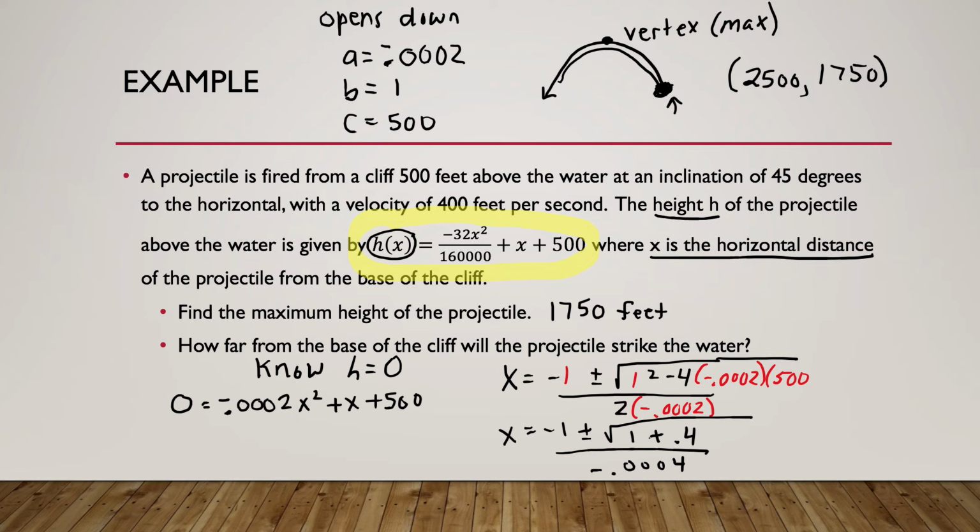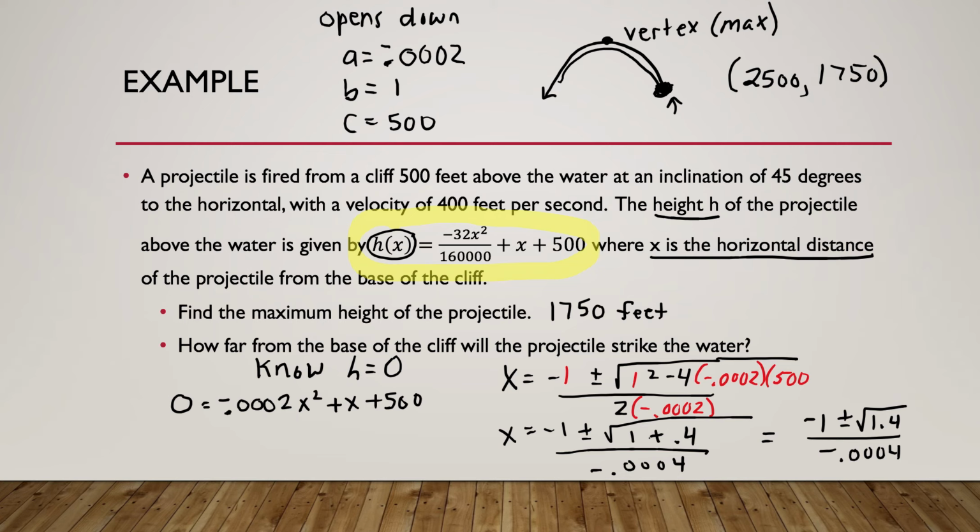All right, so we have negative 1 plus or minus the square root of 1.4, and then negative 0.0004. Okay, so we're going to need to use our calculator to come up with both of the solutions. So remember that one solution will be found with the positive in the middle, and one solution will be found with the negative in the middle.